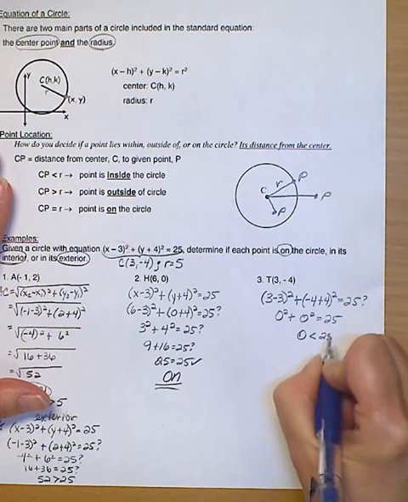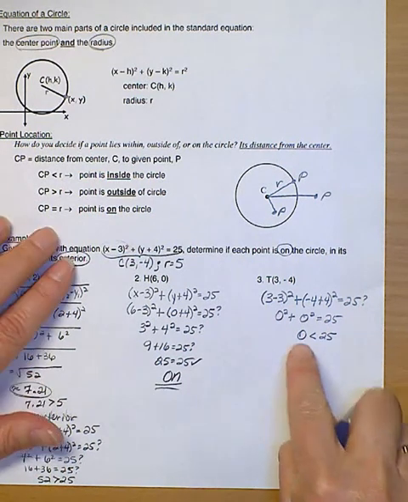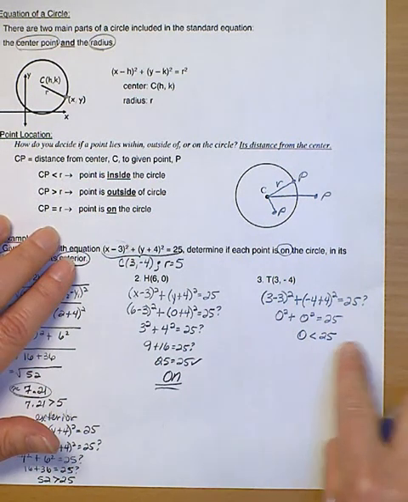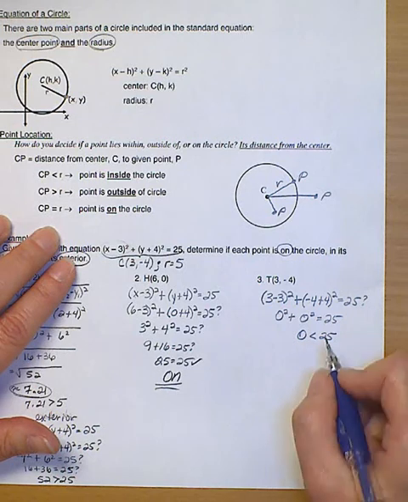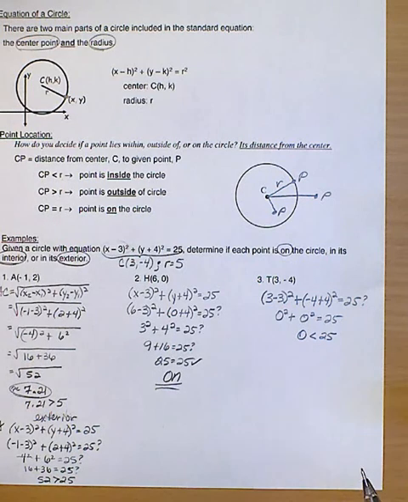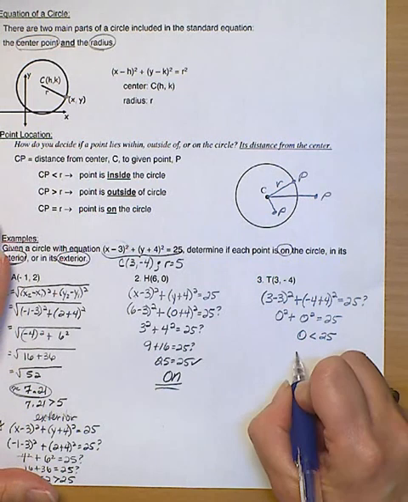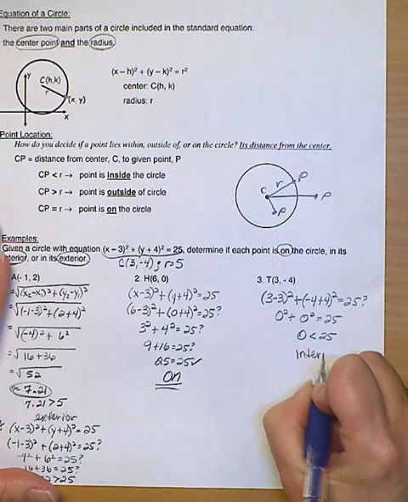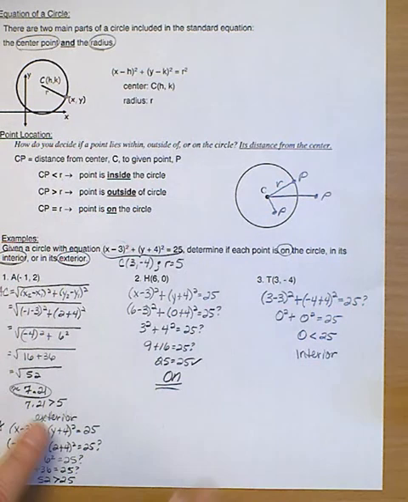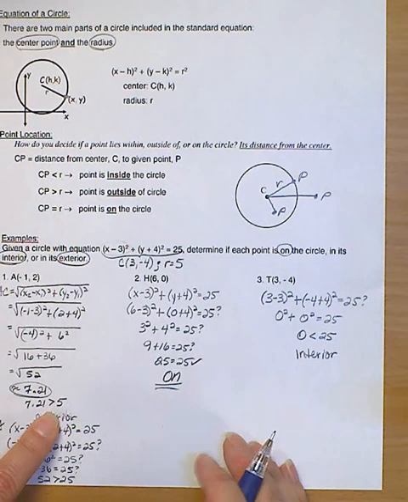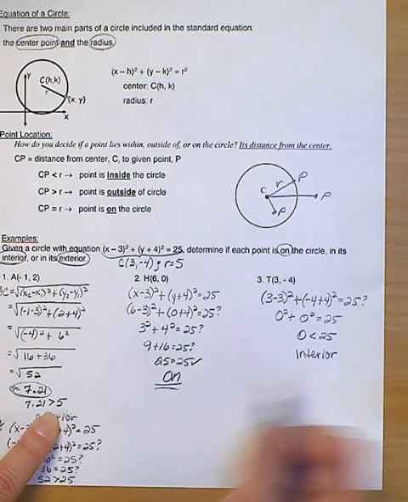So if the number we get is less than 25, then if you were to actually find the radius, the square roots, it'd still be less than. So less than makes it interior. So greater than makes it exterior, equal makes it on, and less than makes it interior.